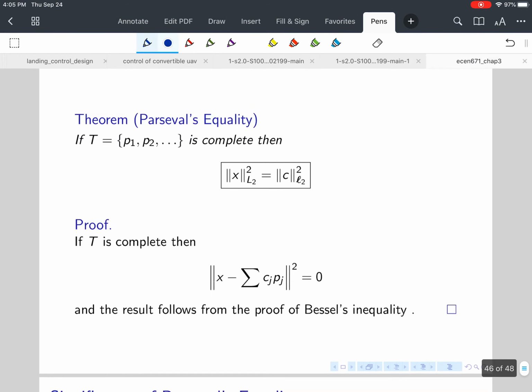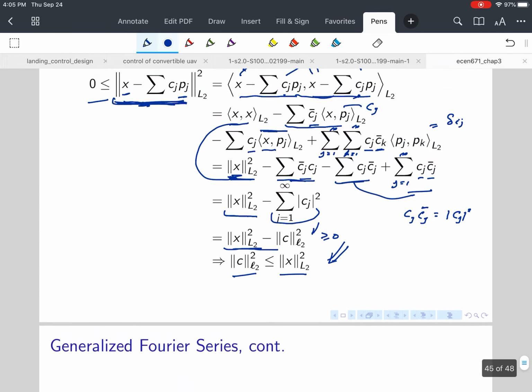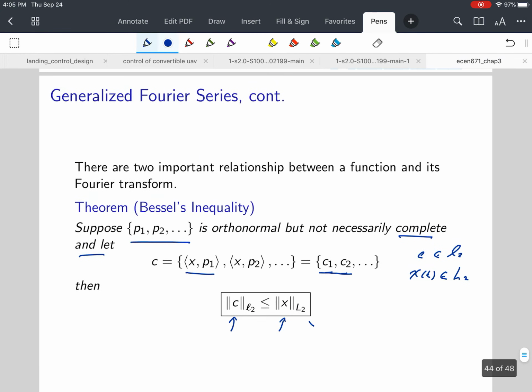All right, so now let's talk about what's called Parseval's Equality. So if these vectors are complete, meaning every x can be represented as a linear combination of p1 up to p infinity, this inequality here holds even when the basis is not complete, because the inequality is essentially because there are some x's maybe that aren't represented in the linear combination.